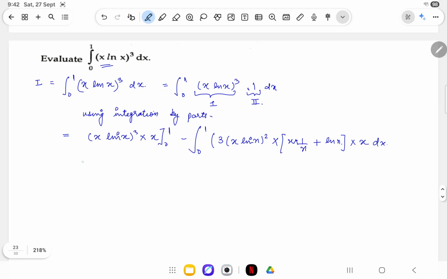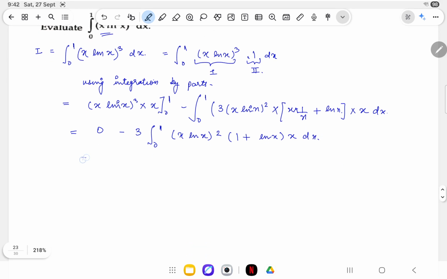So if I simplify it, it will be 1 ln 1, that is 0, minus 0. This limit will basically be 0, minus, I can just pull out 3, the integration 0 to 1 of x ln x square into 1 plus ln x into x dx.